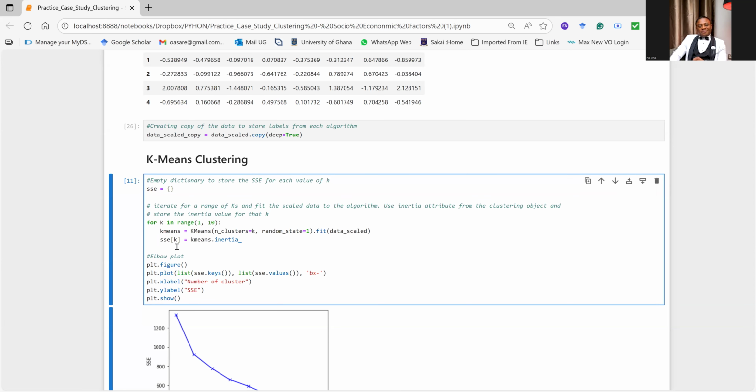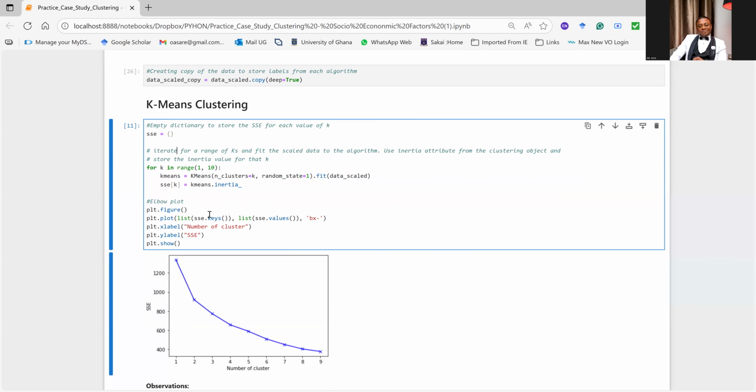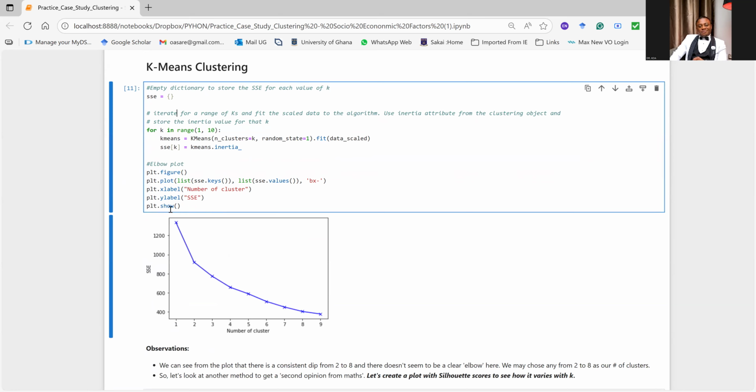And in the process of plotting your curve, you will look for the elbow effect. So this whole command just creates the curve and plots the elbow. Now, this is a plot of the elbow. And the essence of this is just to know how many Ks you're going to use. That's all.